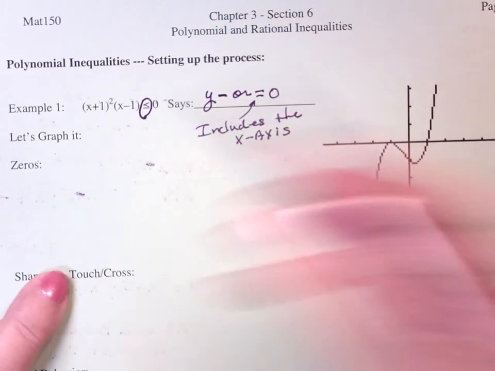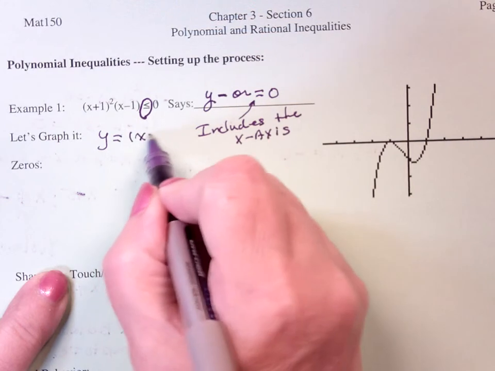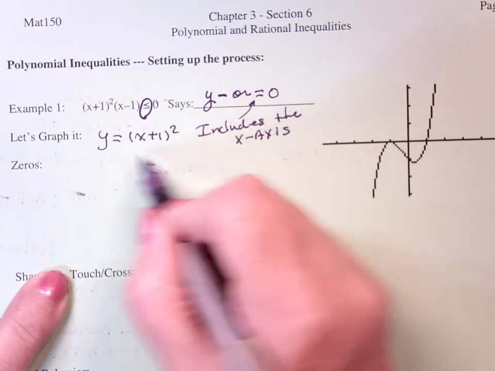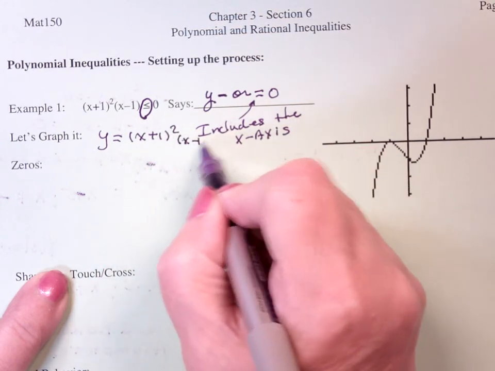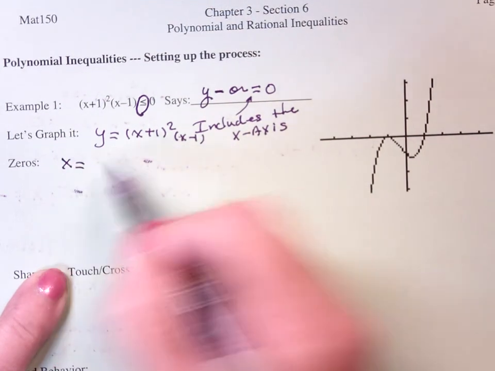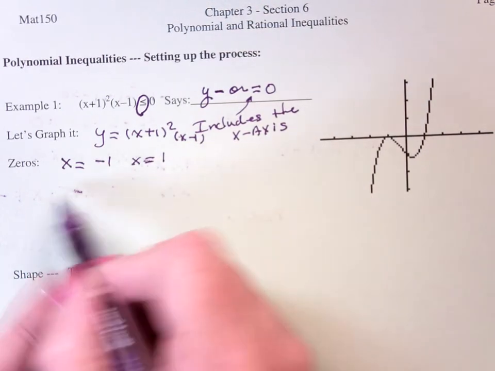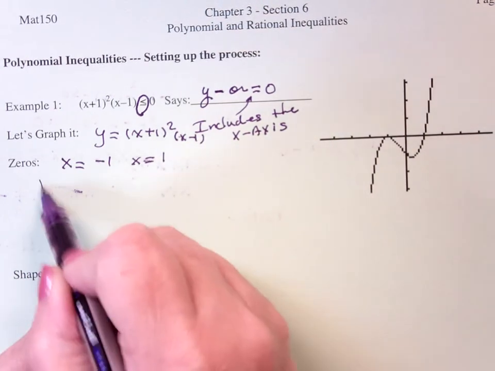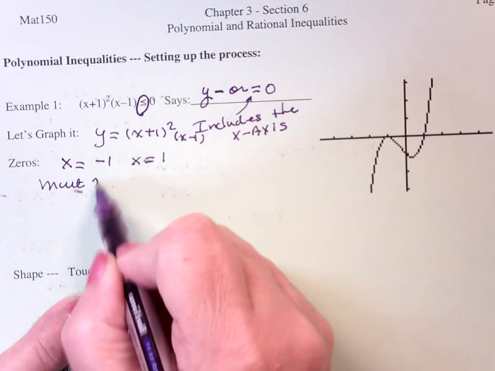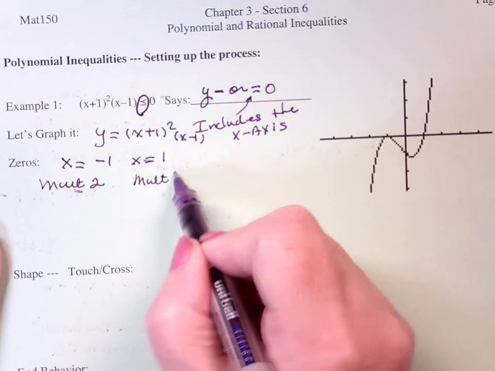So if I go to graph y equals x plus 1 squared times x minus 1, I know that the zeros are x equals negative 1 and x equals positive 1. X equals negative 1 is multiplicity 2, and x equals 1 is multiplicity 1.